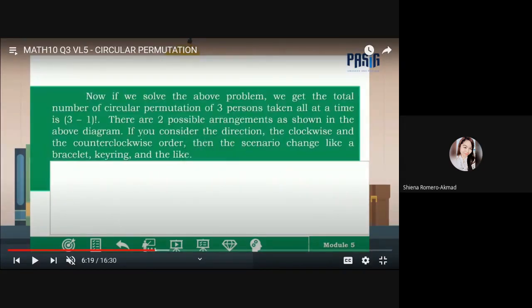Kaya lang, there are things that you need to remember. Ano pa ba yung mga bagay na pwede natin i-arrange in circle? Bukod sa tao, pwede natin i-arrange sa circular table.